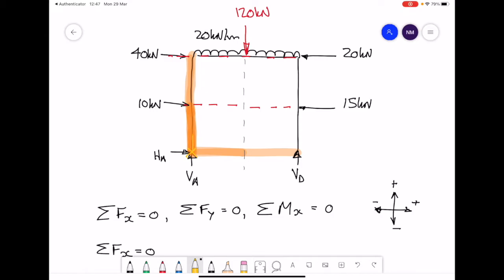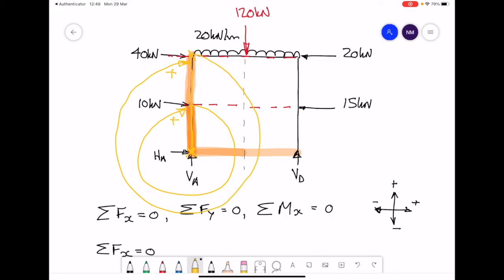So for the first 10 kilonewtons, there's your piece of string. If that force were allowed to freely rotate around point A, it would want to go around in a clockwise manner, and hence would give you a positive moment. Likewise, for the 40 kilonewtons, longer piece of string, if it was allowed to freely rotate around point A, it would rotate in a clockwise manner, positive moment.